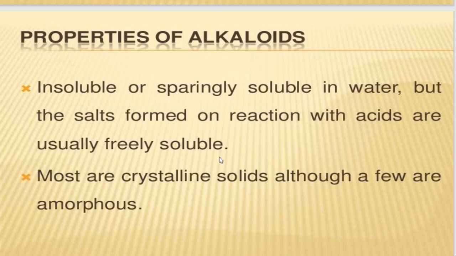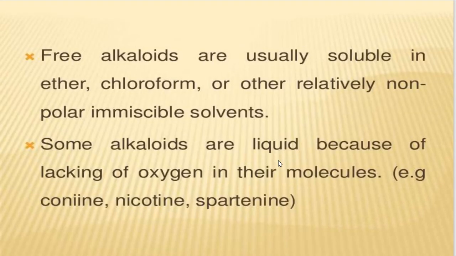And as I said, they are basic, so acid and base make a salt. Okay, and they are very less or partially soluble in water. Okay, and usually freely soluble in acids. Mostly crystalline solids although a few are amorphous. There are a lot of crystalline alkaloids, but there are few which are amorphous.